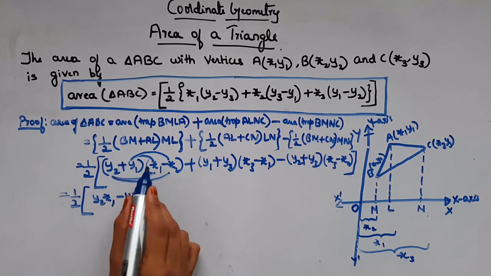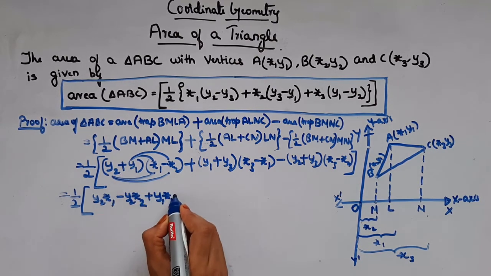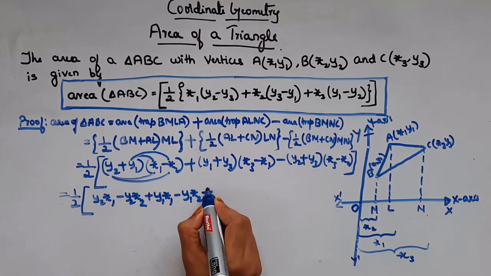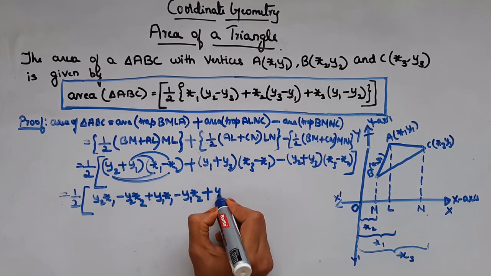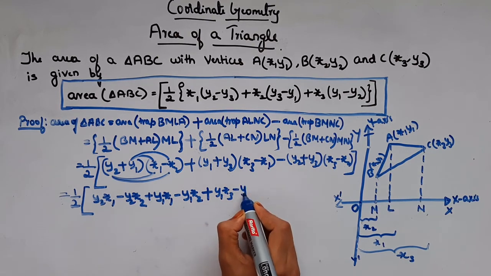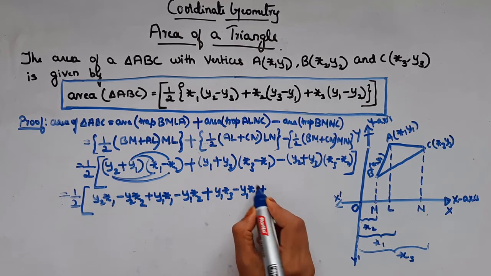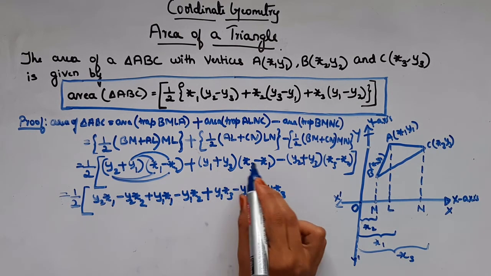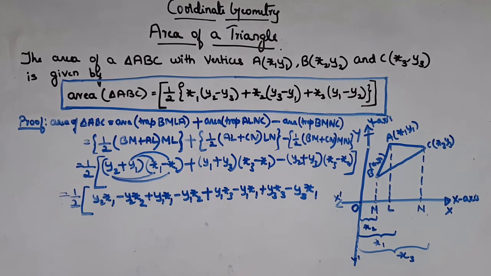Plus into plus is plus Y1 X1, plus into minus is minus Y1 X2. Plus, follow same method, Y1 into X3, plus into minus is minus Y1 into X1, plus Y3 into X3, plus into minus is minus Y3 into X1.